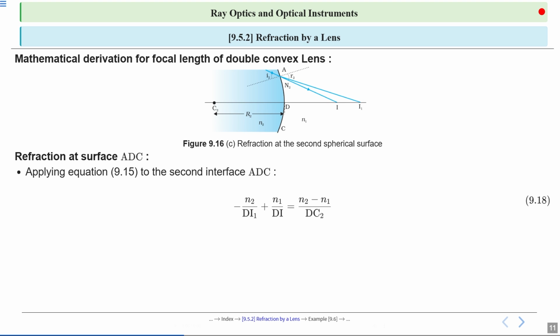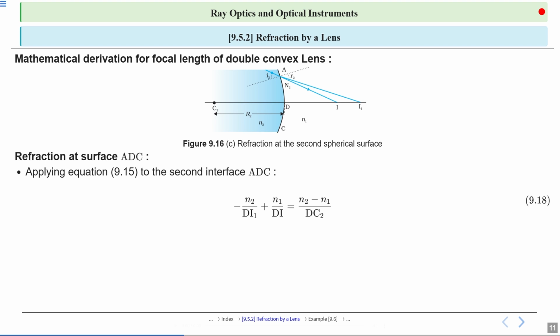You might think it is placed in the rarer medium. No, it is a virtual object. It is never formed. It is only for derivation purposes. We say that it is formed at this I1. This is an intermediate step. If ADC were not present, it would form at I1. But rays are coming from the denser medium. The incident ray is coming from the denser medium. That's why the object is to be considered in the denser medium, that is in N2. So N2 upon the object distance.